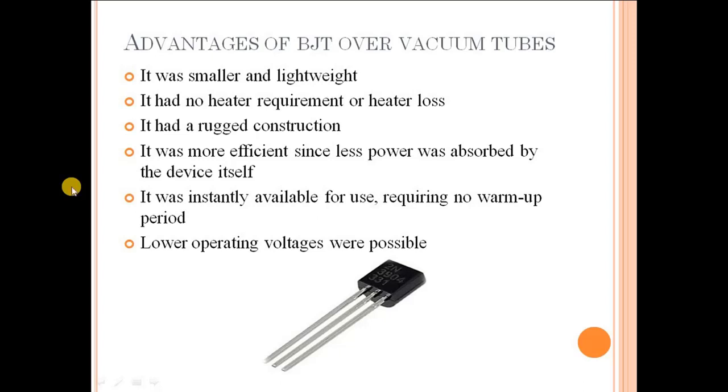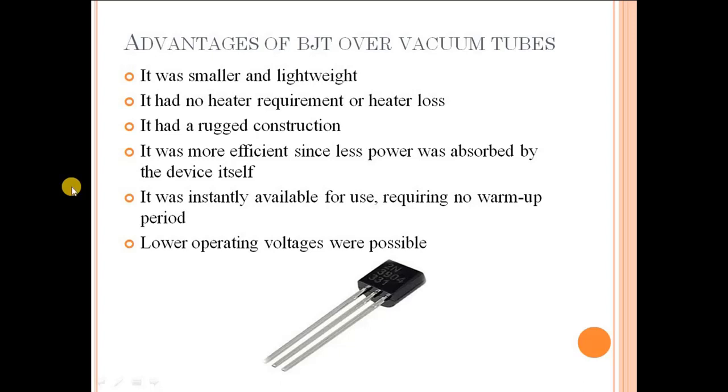Now the next point is that BJTs were very less power consuming. The BJTs are very less power consuming devices as compared to the vacuum tube triodes, and hence you can say that BJTs are much more efficient.